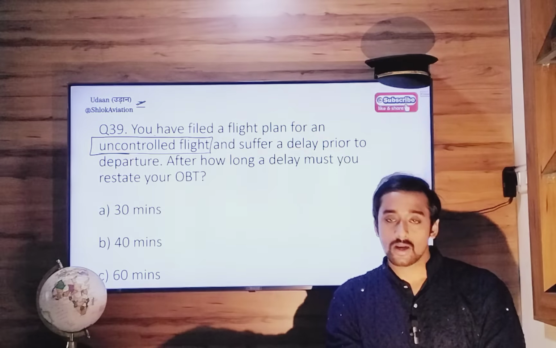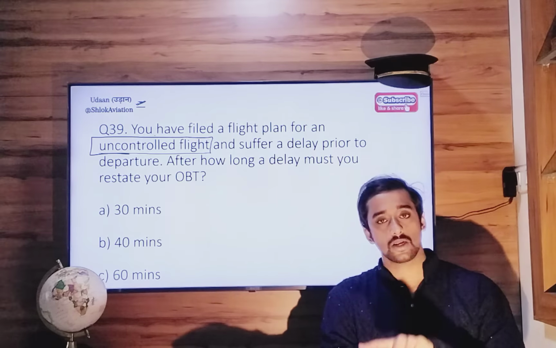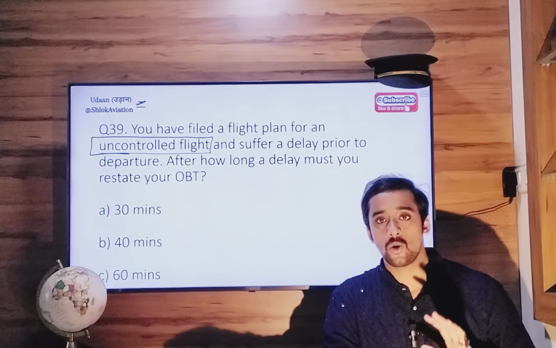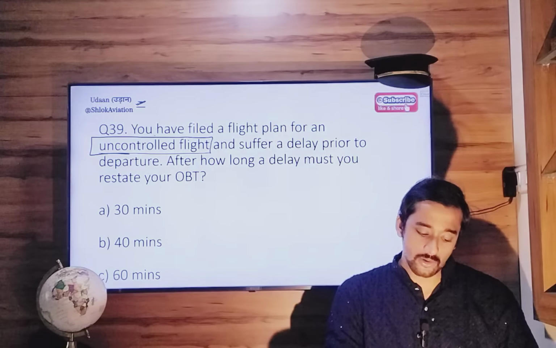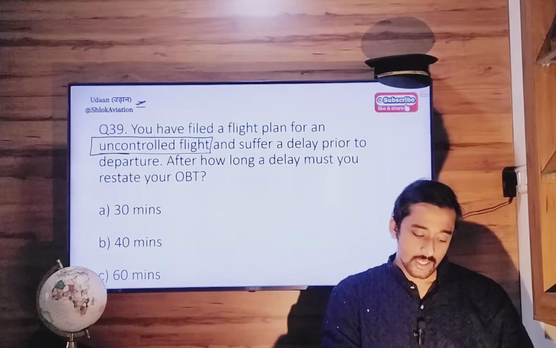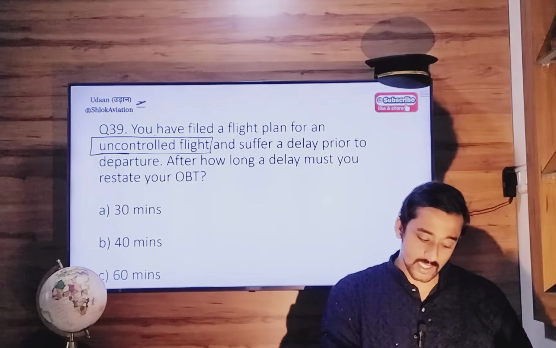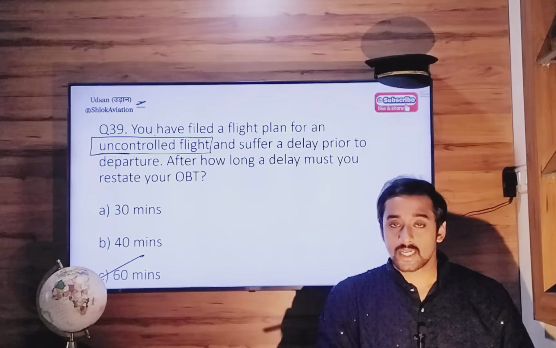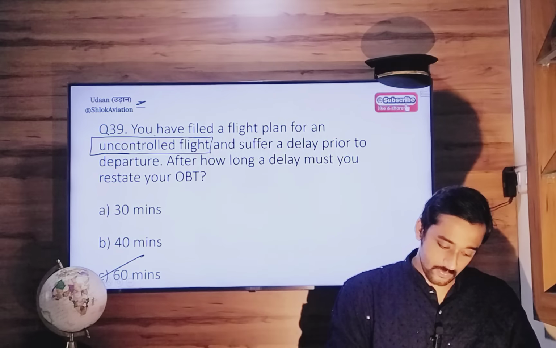You are going to cancel your old flight plan and put forth a new flight plan, or you are going to amend your old flight plan, whatever. So in case of uncontrolled flight, the delay limit is 60 minutes. In case of controlled flights, it is 30 minutes, half an hour. Okay, so uncontrolled is 60 minutes.